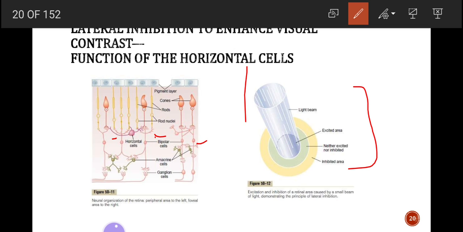What is its function? It helps to ensure the transmission of visual patterns with proper visual contrast. It is demonstrated in this diagram that with a minute spot of light focused on the retina, the visual pathway from the central most area where the light strikes is excited, whereas the areas to the sides are inhibited.